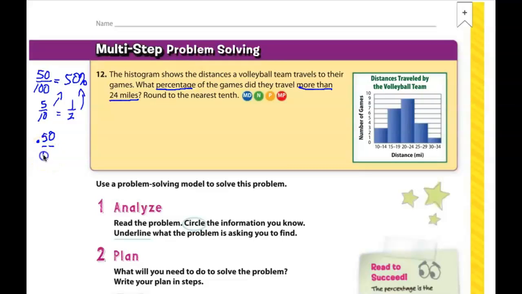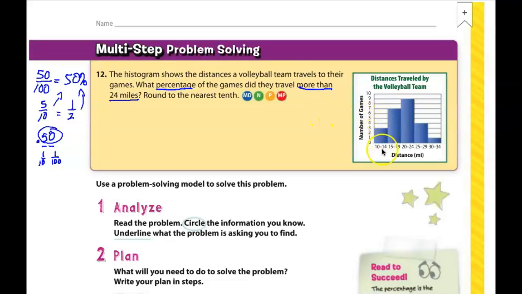The first decimal is the tenths place, which is 1/10, and the second place is the hundredths place, which is 1/100th. So hence 50 hundredths. You can see there's an equivalent decimal, fraction, and percent, and that's important because we're going to need that understanding to solve this problem.